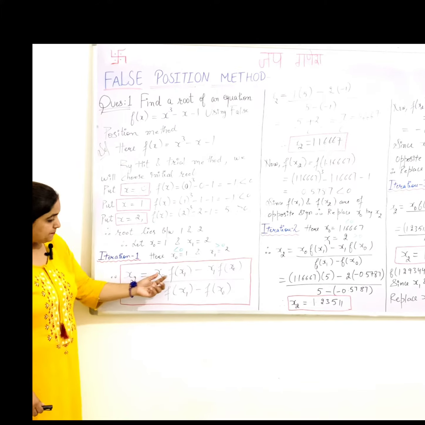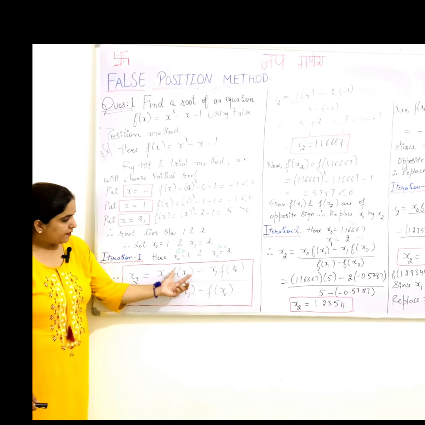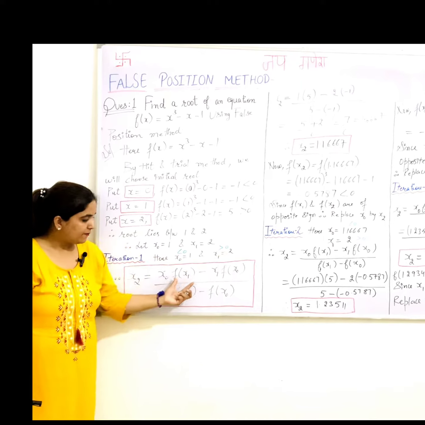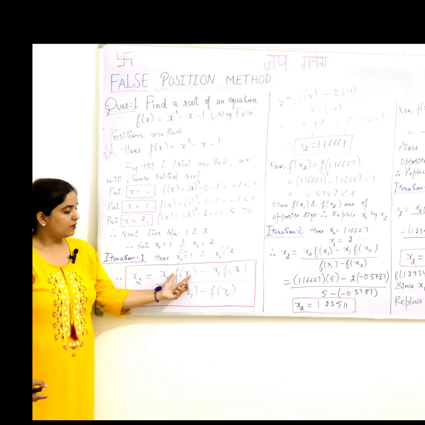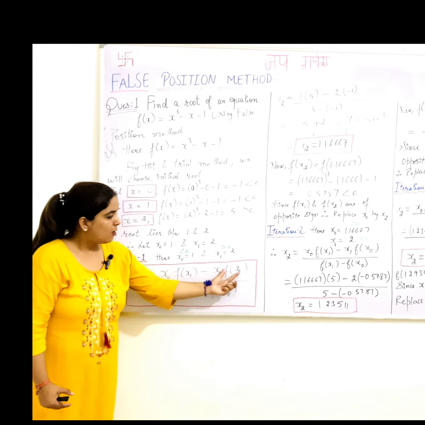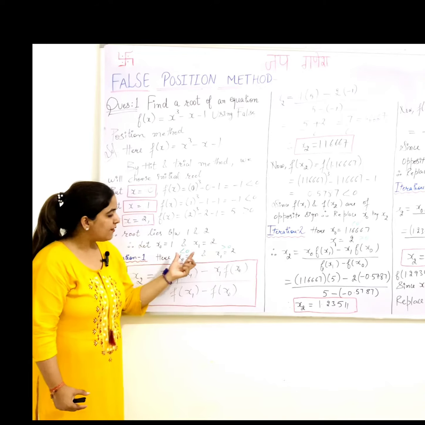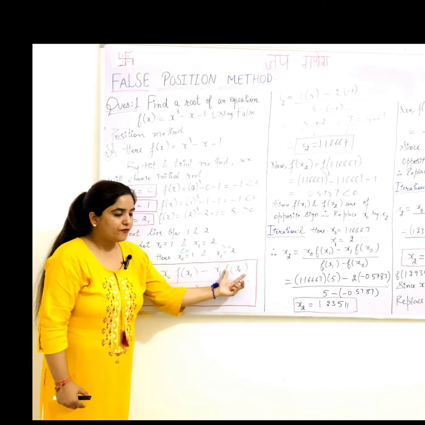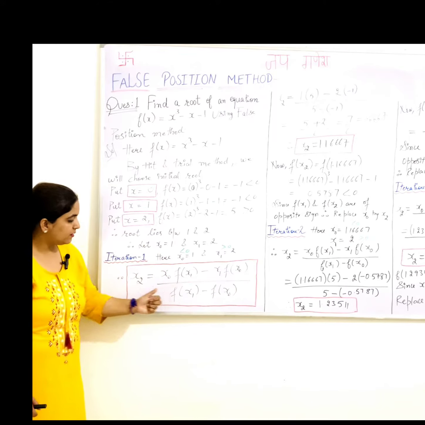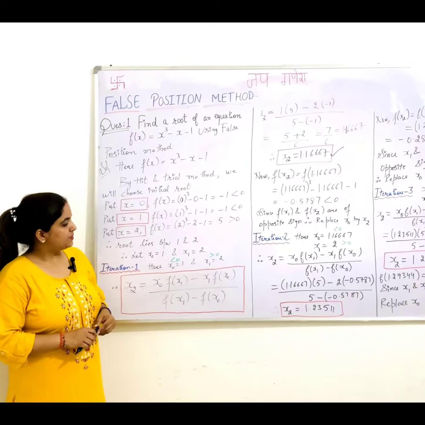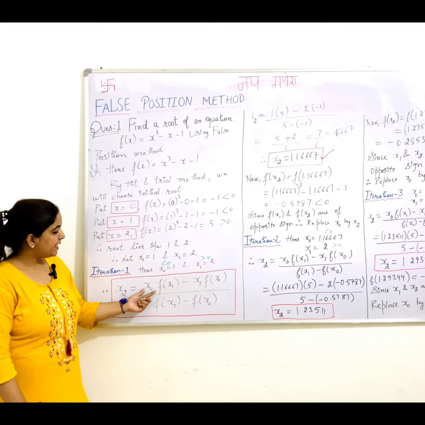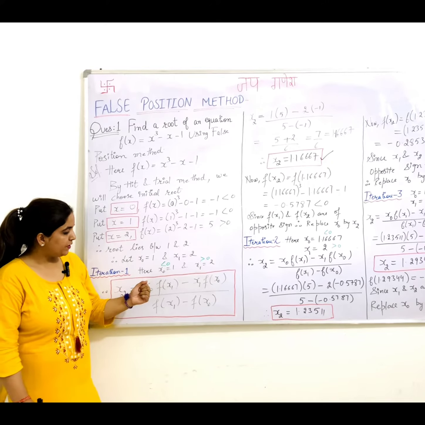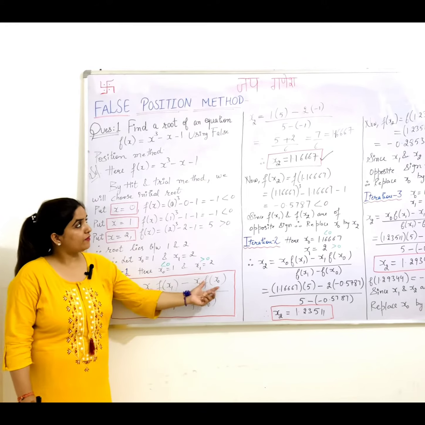So next step, we have to find f(2), because we have to put f(x1), and x1 is 2. So the value of f(2) will be put here, and f(x0), which is f(1), its value will be put here, and the same for the numerator. Now we will substitute the values in the false position formula. We need x0, x1, f(x1), and f(x0).